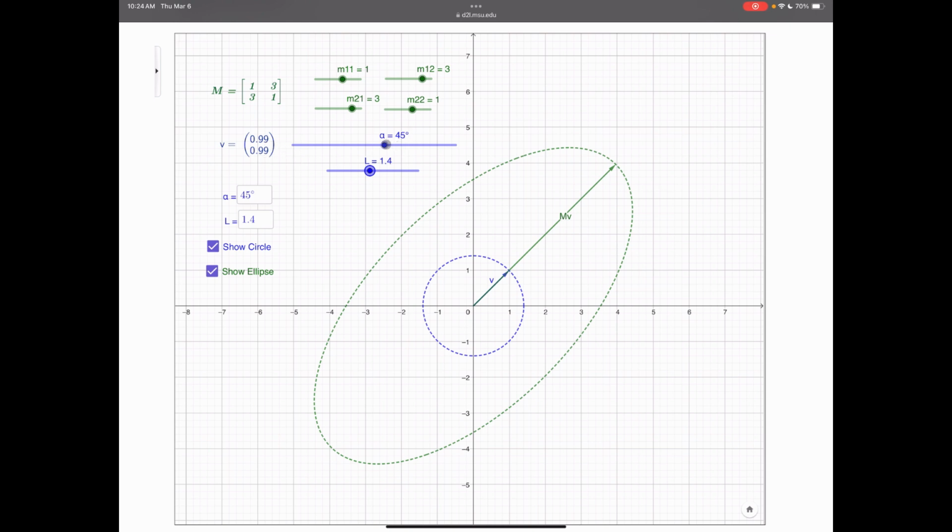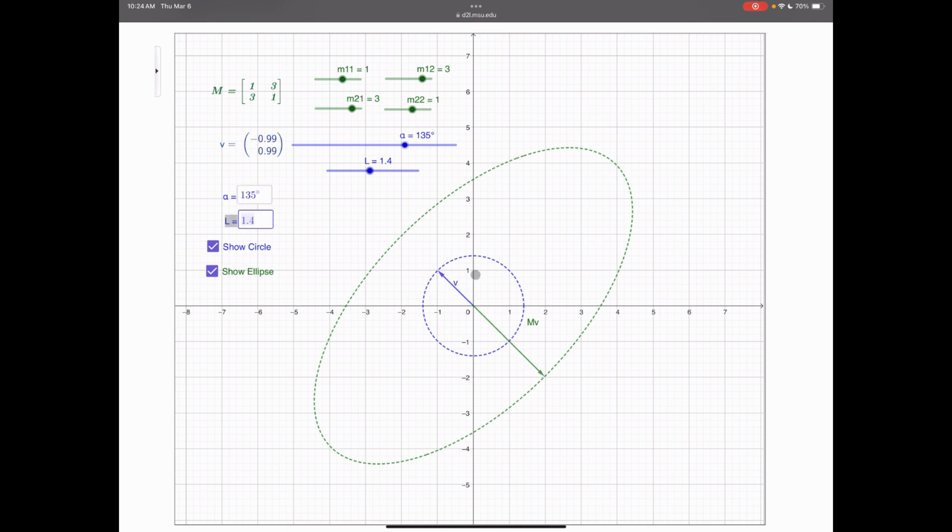Okay, let's keep moving. We have one eigenvector, and there we have another one. 136, I think, is 135 actually. Let's see if it's true. Yeah, it's perfect now.